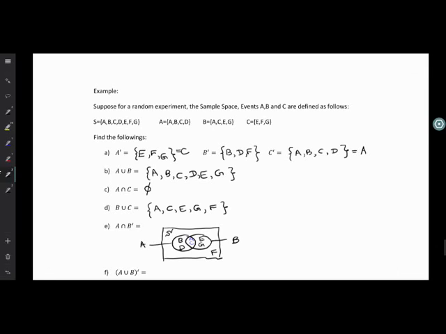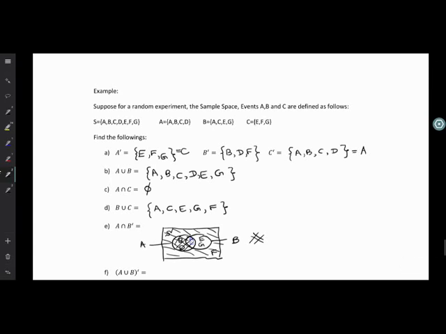Okay. Now what we need is A intersection B's complement. That means the elements in A, elements in B's complement, and their intersection. So the intersection will be where you have the pattern, these crosses.